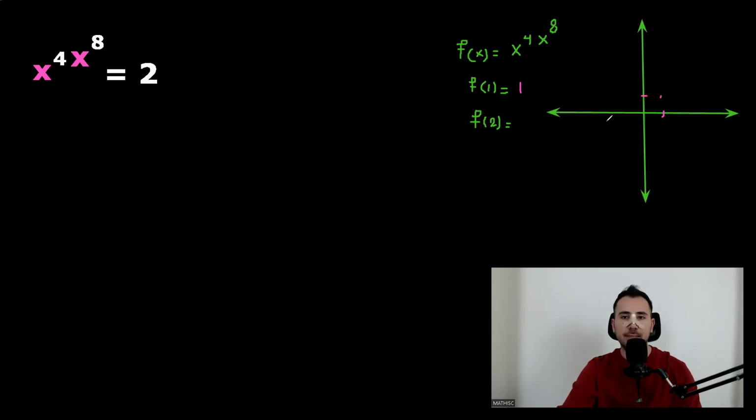Now, if x is 2, what happens? It's going to be 2 to the power of 4 multiplied by 2 to the power of 8. These together will create 2 to the power of 10, which is 1024. So I'm going to write this one over here.